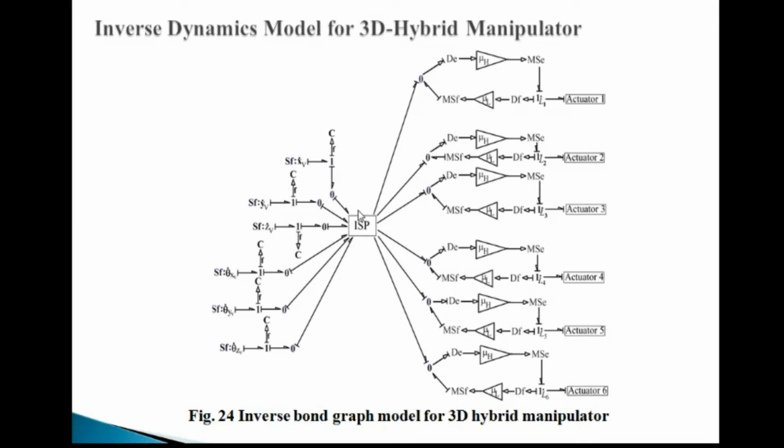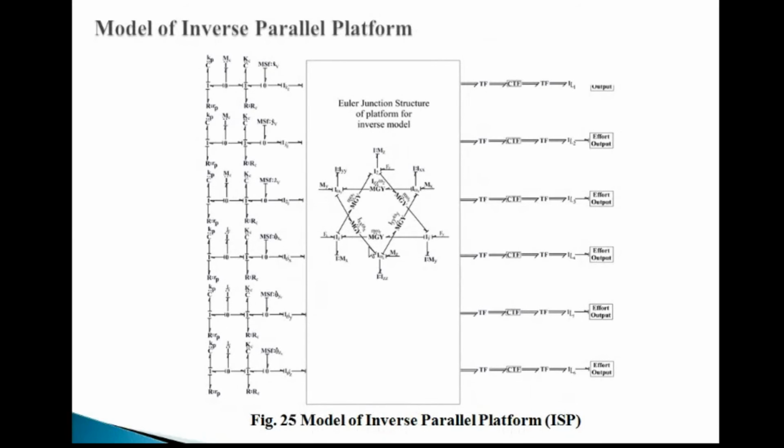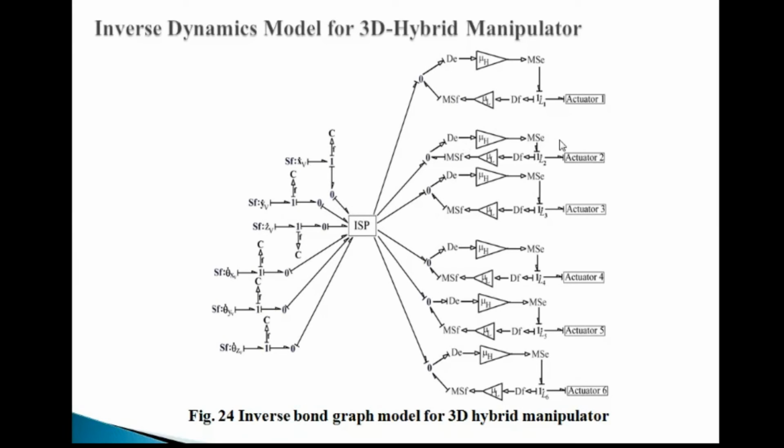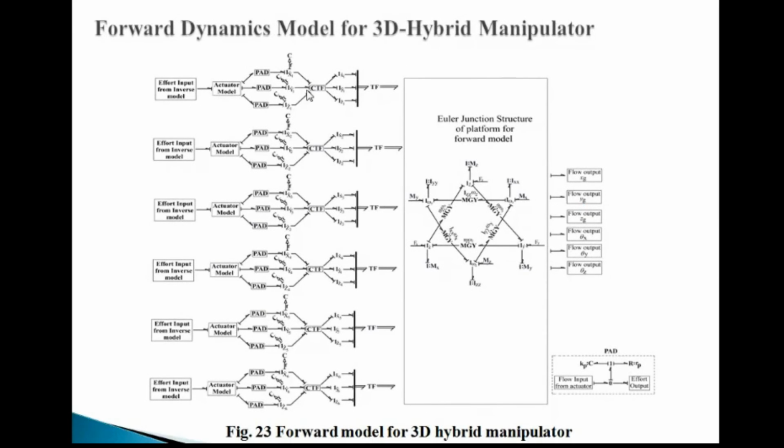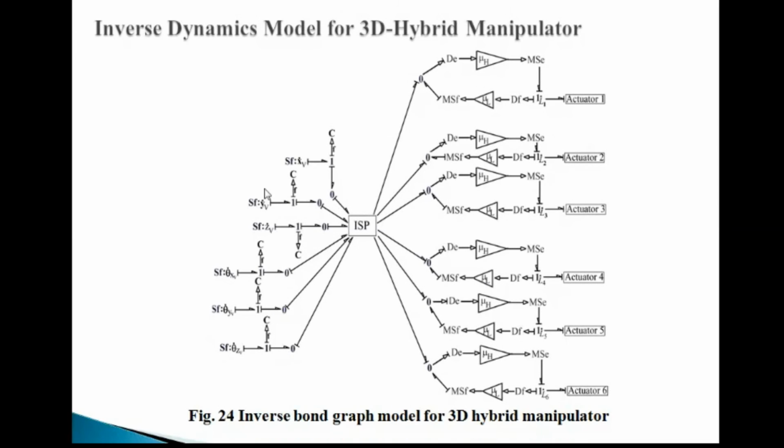And there is a small ISP model shown here, in which a model is there to just avoid the loops of the model. So output coming from the inverse dynamics model is the forces in all the 6 legs. And these forces are given to the forward model from where the output of the velocities is taken. So this output velocity is compared with these input velocities, and that's how we check our results.